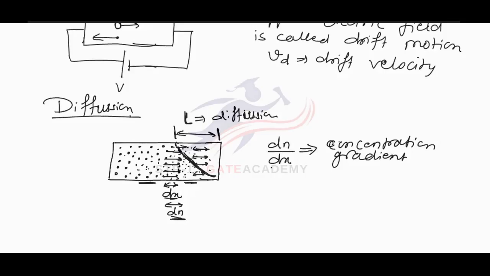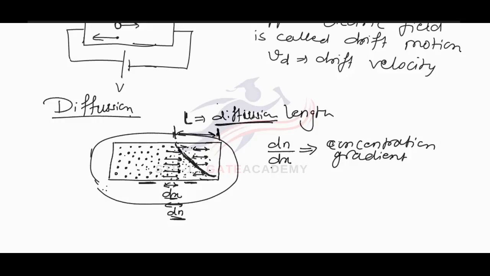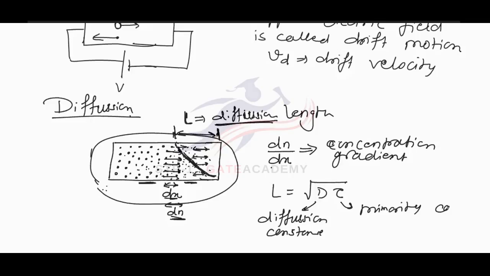So the diffusion continuously decreases, and at one point when the total concentration of electron in the material becomes uniform, at this point the diffusion will die out, and this starting point to end point, this length is called diffusion length, and this diffusion length is defined as L equal to under root of d into tau, where d is called diffusion constant and tau is called minority carrier lifetime.